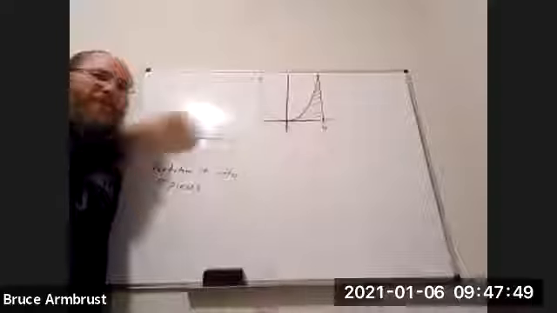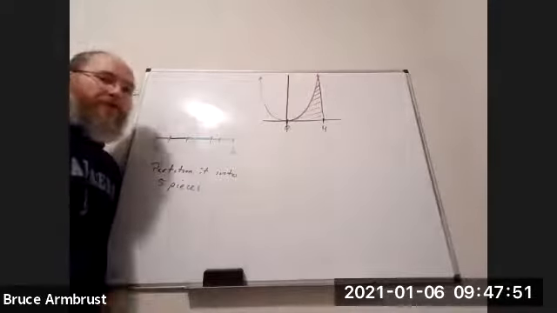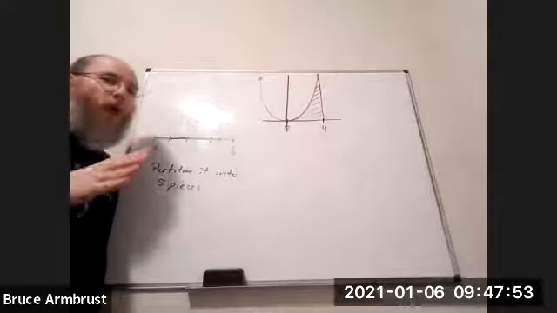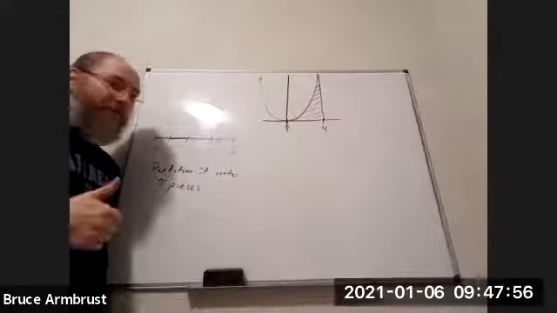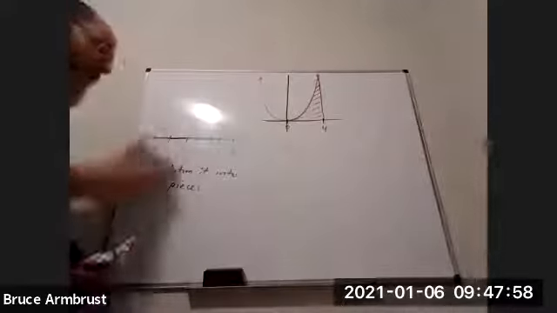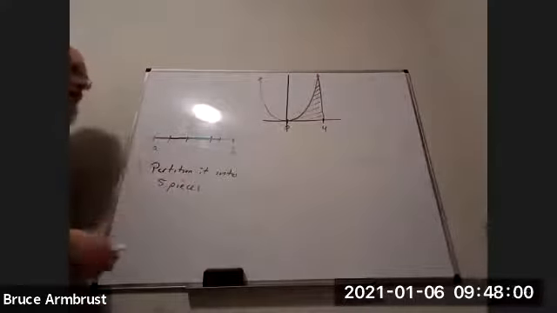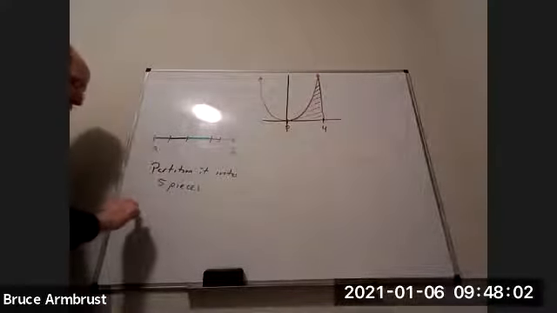1, 2, 3, 4. Yeah, you're just going to go, okay, from 0 to 1, 1 to 2, 2 to 3, 3 to 4. Right? You want to do it that way. And that's totally cool. And in fact, that kind of partition, we have a name for that. We call that a regular partition.